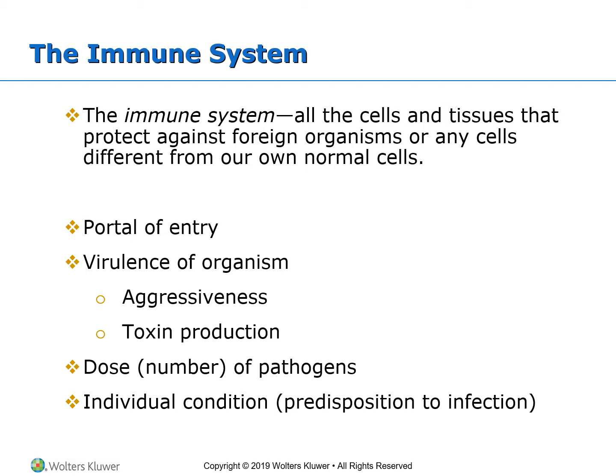So different species, different bacteria, and different viruses have a different type of virulence. And even different strains may have different types of virulence. And we are seeing this nowadays with the COVID-19 infections, how the virulence of the organism manifests in different ways.